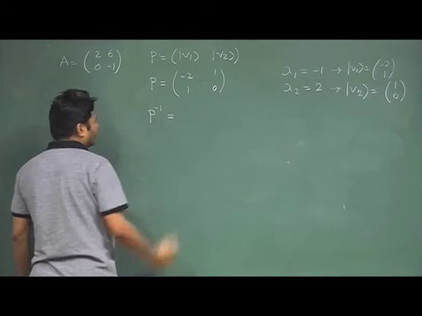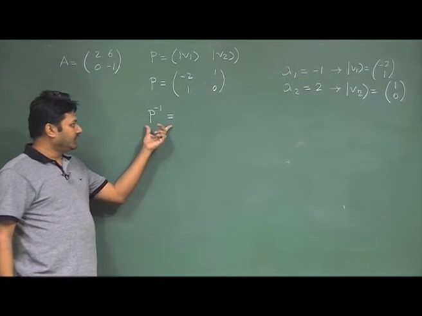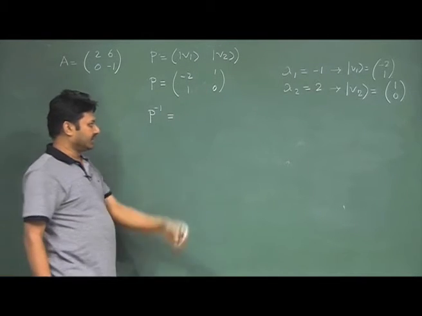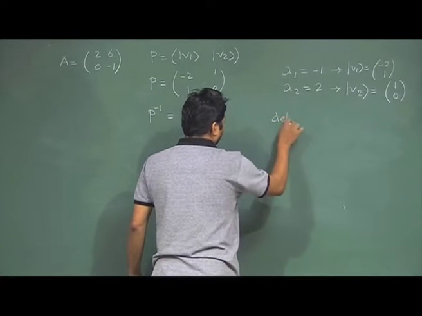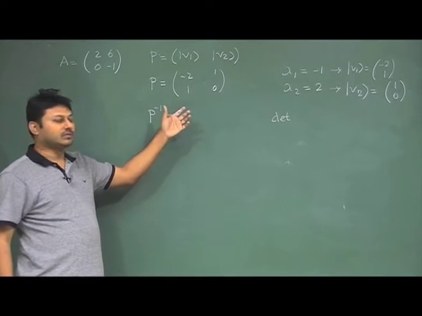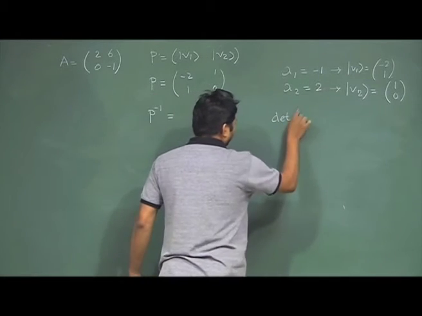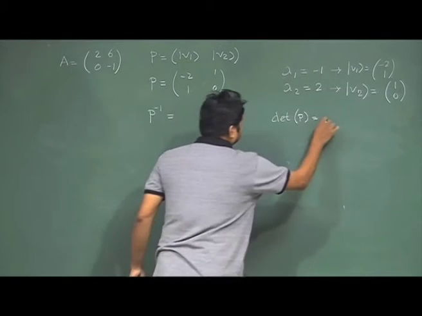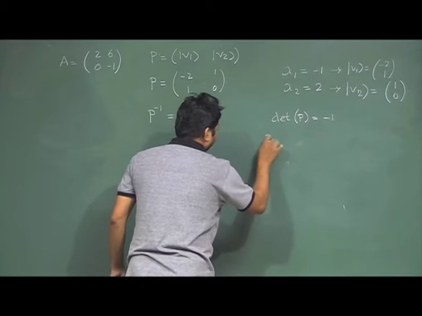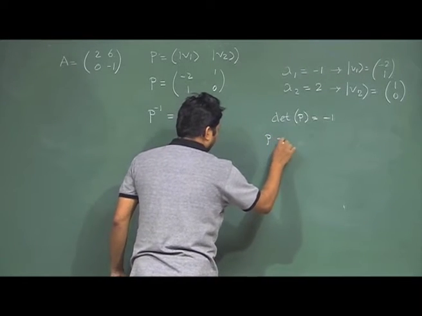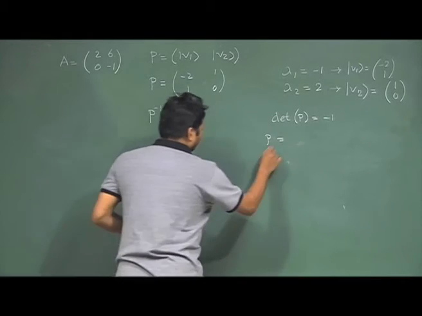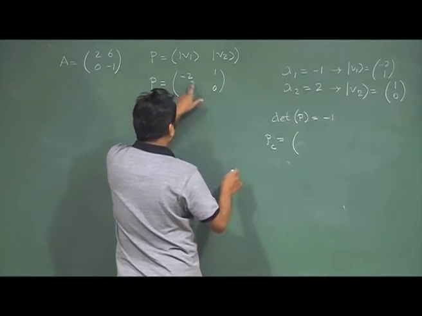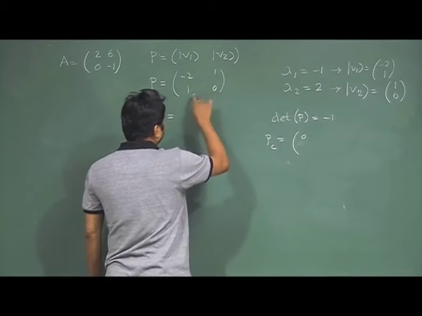In order to find the inverse, you need to find the adjoint and then divide by the determinant. So first I need to find the determinant of P. I believe all of you know how to calculate the inverse of a matrix, so I am not going to spend time on that. So the determinant of P is equal to minus 1, and if I make the P cofactor matrix, it is something like this. It will be 0 for 2, 1, it will be minus 1.